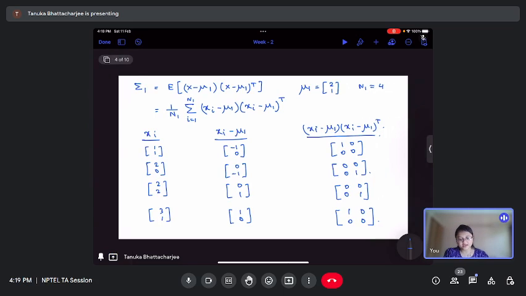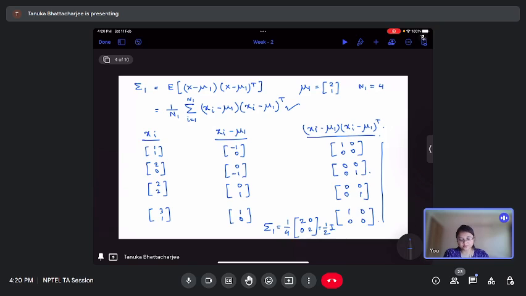Now, as per this formula, you just need to sum up all these 4 matrices and divide by n1, which is 4. So, you will get the final sigma 1 as 1 by 4 into [[2,0],[0,2]]. Basically half I, where I is the identity matrix. This will be the covariance matrix for the first class.